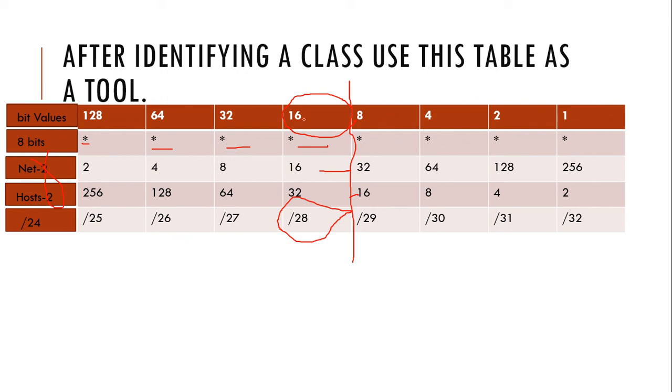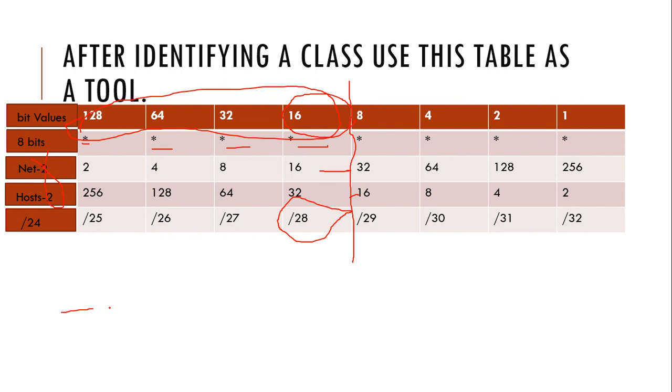So we're gonna add all of them together. 128 plus 64, it's 192, plus 32, it's 224, plus 16, it's 240. Then in the place of that 0, we're gonna have this 240.